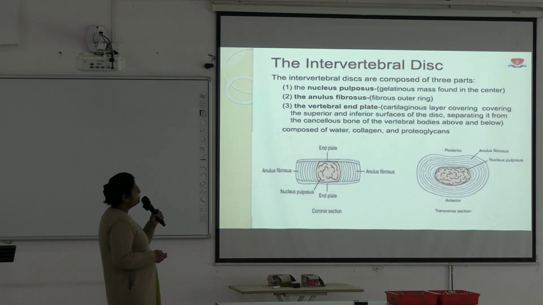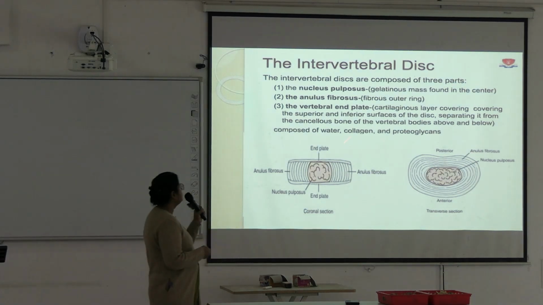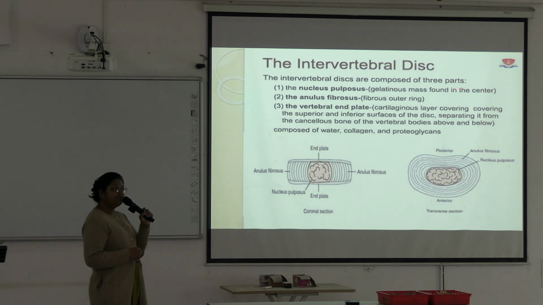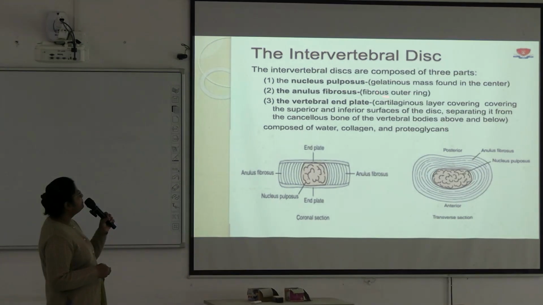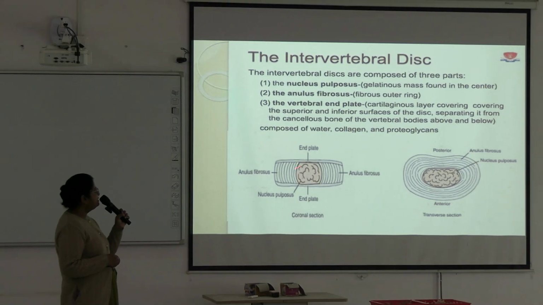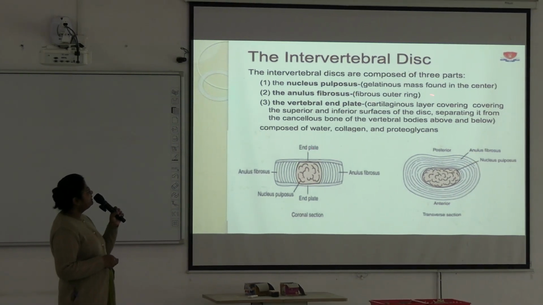Next we go to the intervertebral disc. Intervertebral discs are composed of three parts. The nucleus pulposus is present in the center of the intervertebral disc, a gelatinous mass.